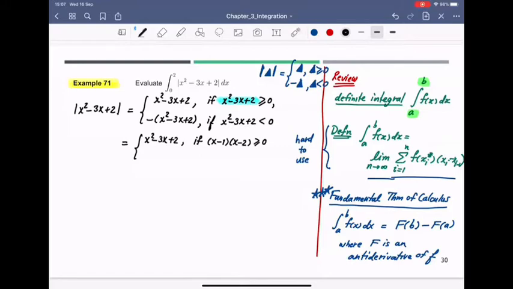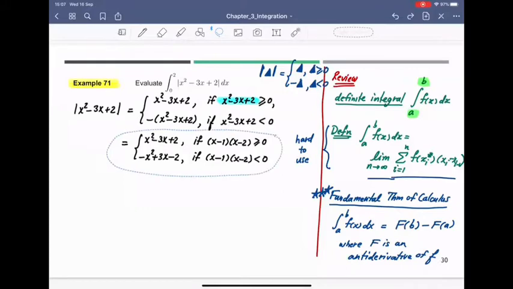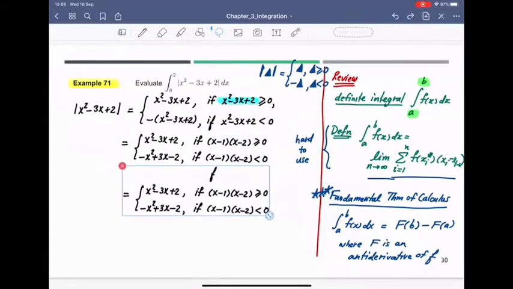The other piece of the function is minus x squared plus 3x minus 2, when (x minus 1) times (x minus 2) is less than 0. I am lazy to write the whole thing, so I'm going to copy and paste that.